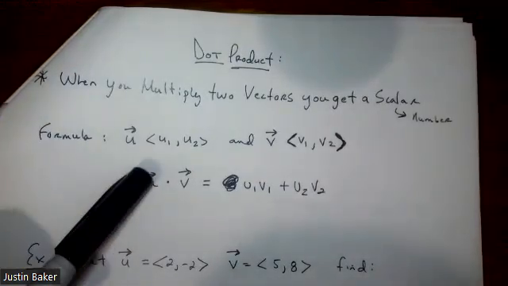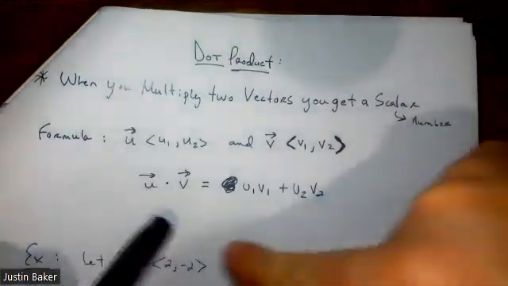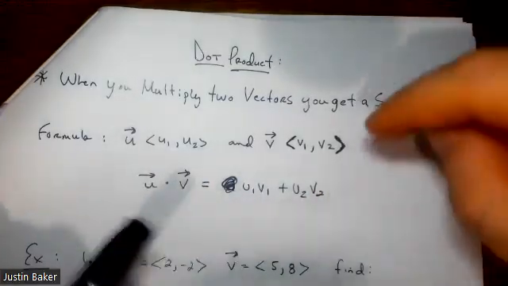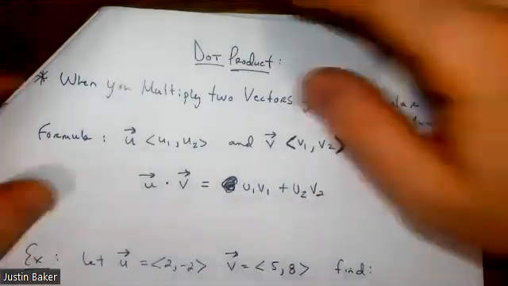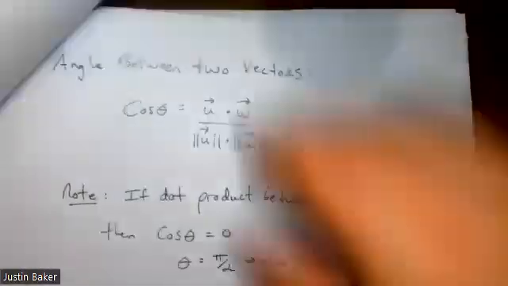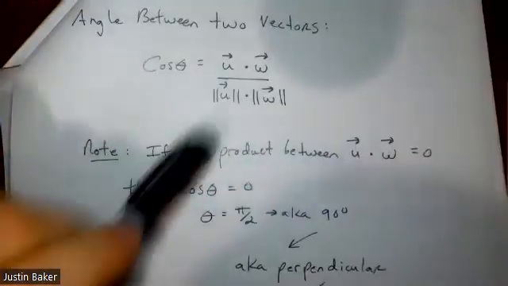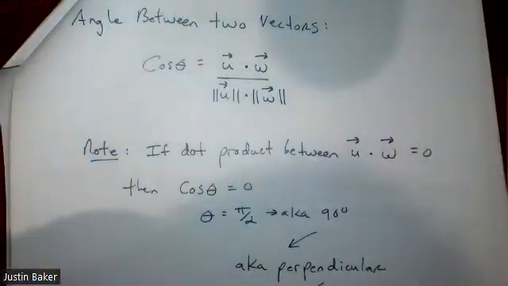That's going to be the first piece of each multiplied together plus the second piece of each multiplied together. So that's what they're referring to in this. So when we're saying the angle between two vectors, you're going to dot product the two vectors on top, and we're going to find the magnitude of each and see what we come up with on the bottom.